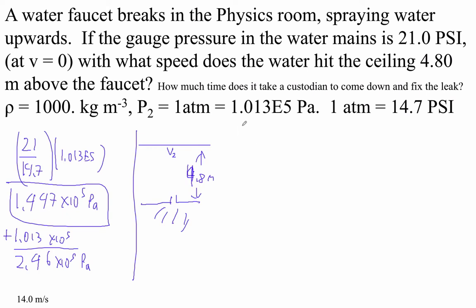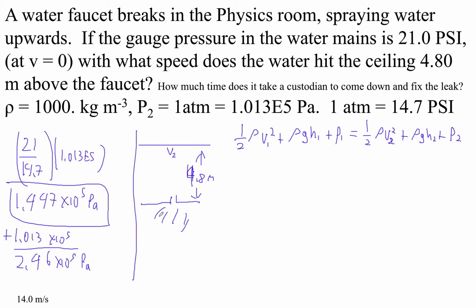So we go 1/2 rho V1 squared plus rho g h1, I'm going to use h1, I'm sorry about that, plus P1 is equal to 1/2 rho V2 squared, plus rho g h2 plus P2.